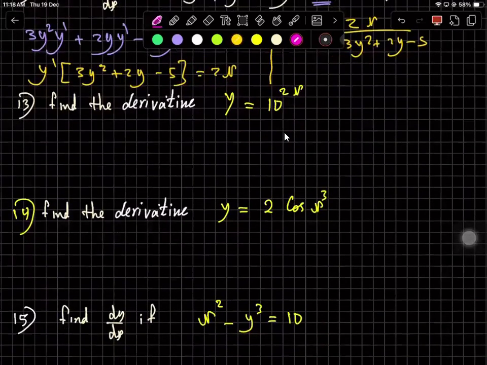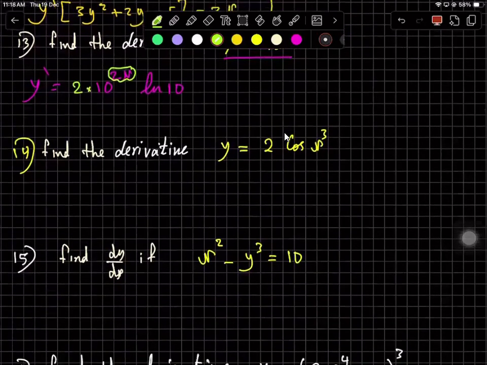What is the derivative of 10 to the power 2x? This is an exponential function. So here, the same power, 10 to the power 2x, multiplied by ln of the base, multiplied by the derivative of this power, which is 2. Okay?